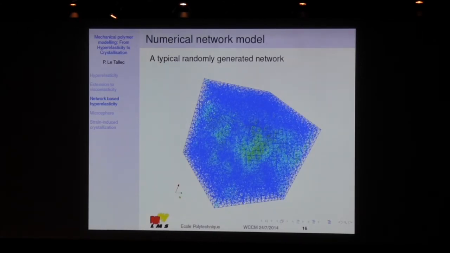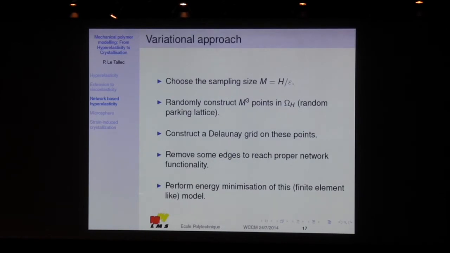And on these figures, you remove some edges in order to control the functionality of the network, that is the amount of edges which is active at a given node. You arrive to a simulation, a geometrical representation of the network, and you perform energy minimization on this, which is a finite element model where you have chain energy on the edge and volumic energy inside the element.